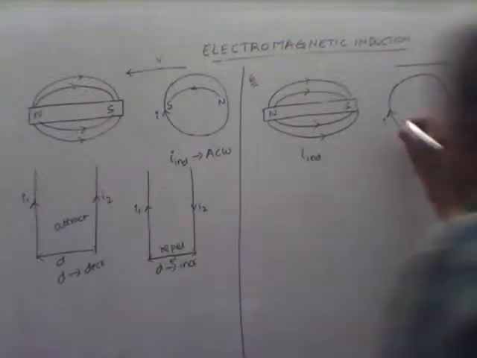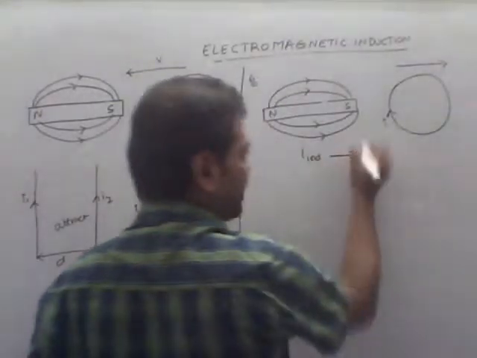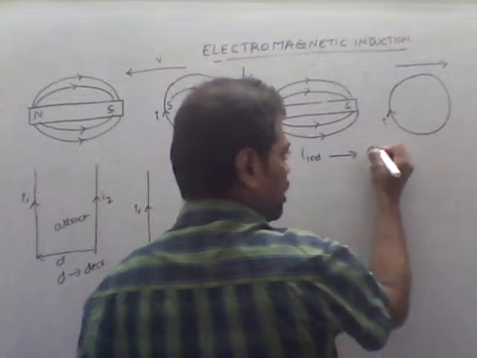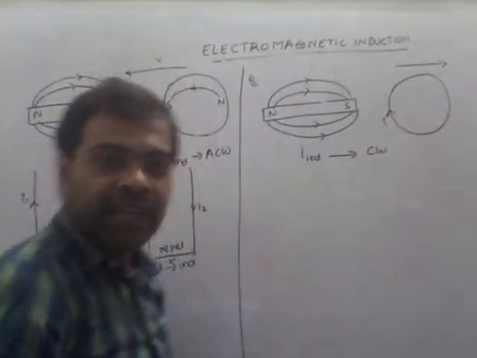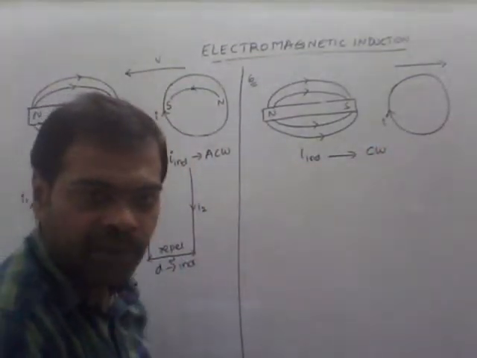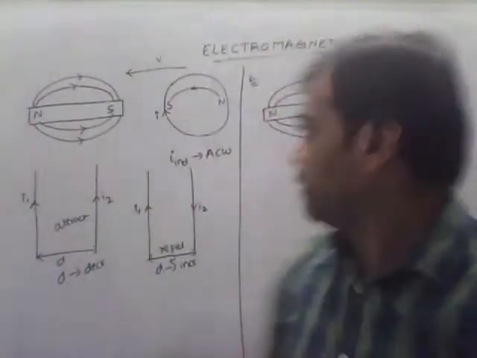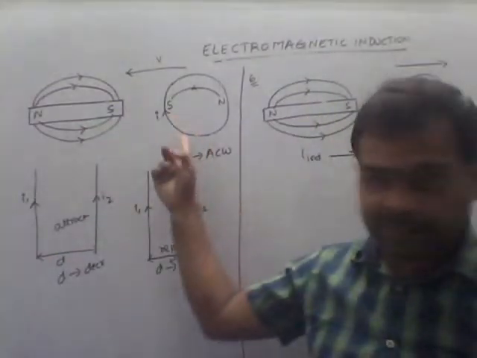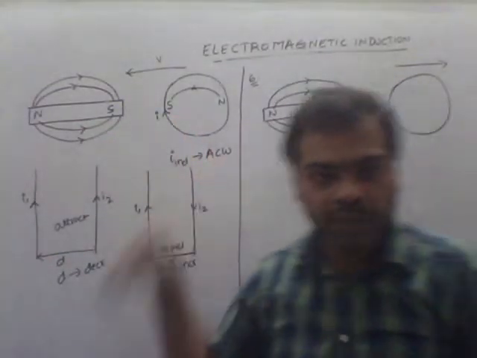So here we should have the induced current also in the clockwise direction. Then only it will get attracted. Due to the repulsion, here it is opposite in direction, that's why you got anti-clockwise.